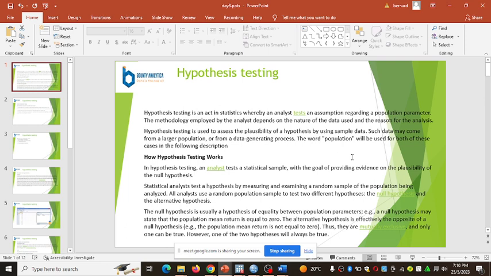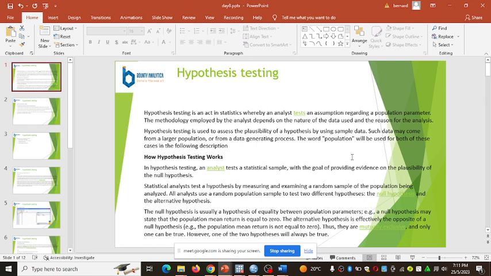What if your data is not normally distributed? You shift from a regression analysis, which is a parametric method, to a non-parametric method. So that's what we mean by the methodology, the nature of data used and the reason for the analysis.